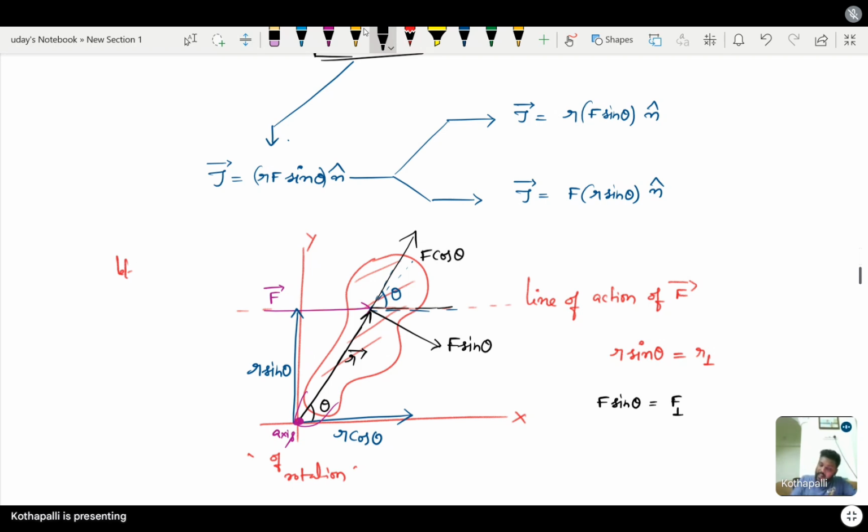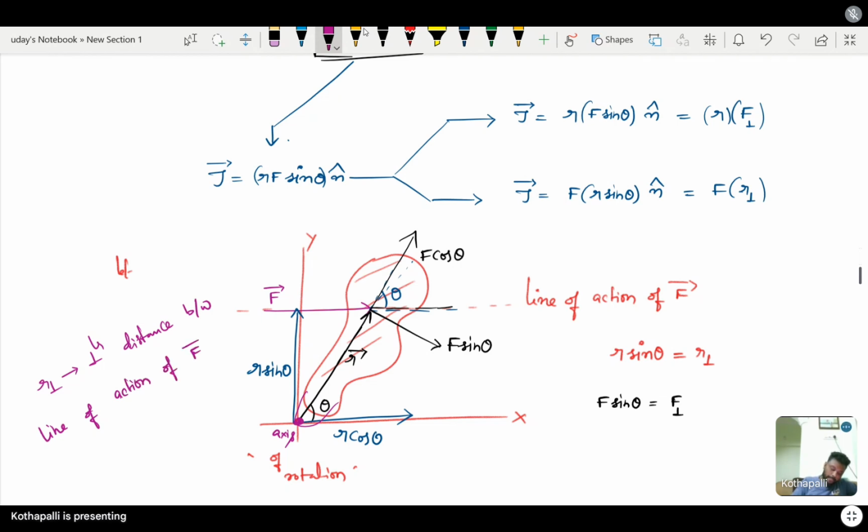So the meaning of this expression is R times the perpendicular component of force, and this is F times the perpendicular distance between the line of action of force and axis of rotation. So briefly, R perpendicular is the perpendicular distance between the line of action of force and axis of rotation.